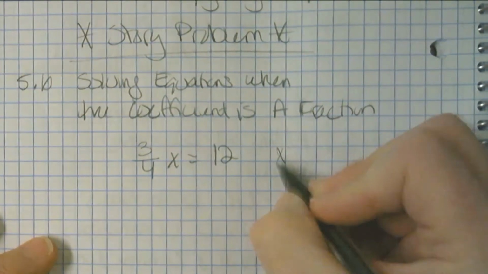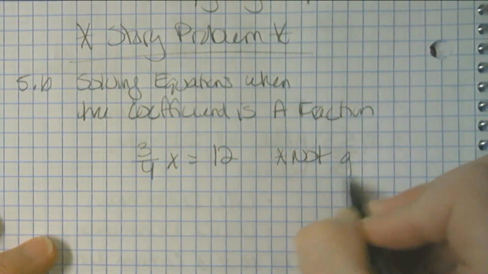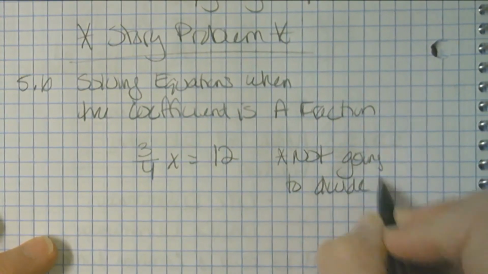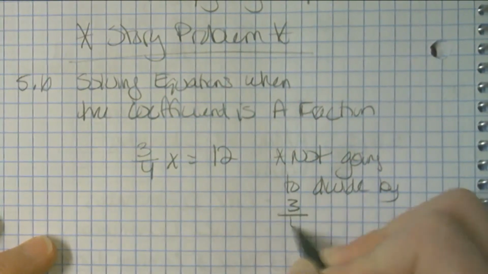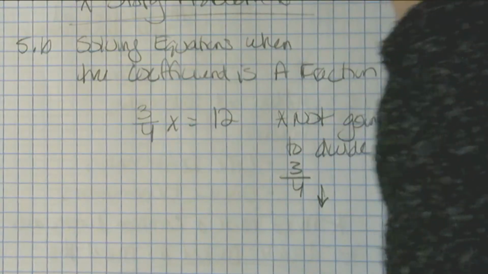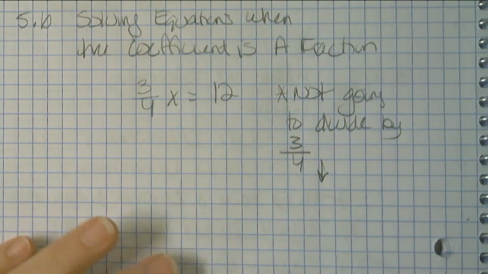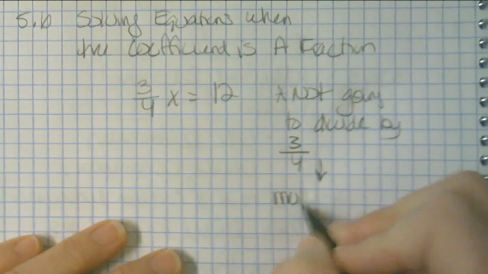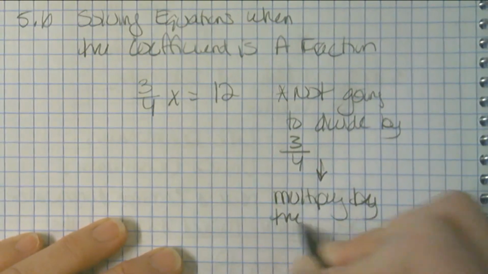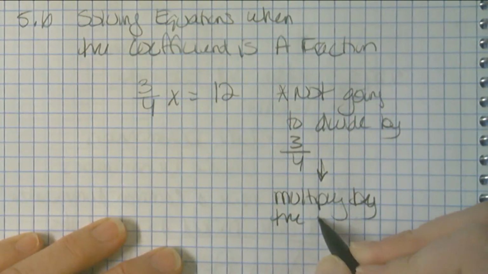You are not going to divide by 3/4. What are we going to do instead, AJ? Absolutely. We're going to multiply by the reciprocal of 3/4.